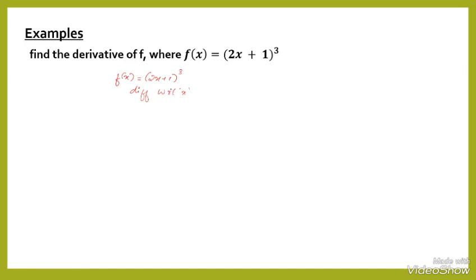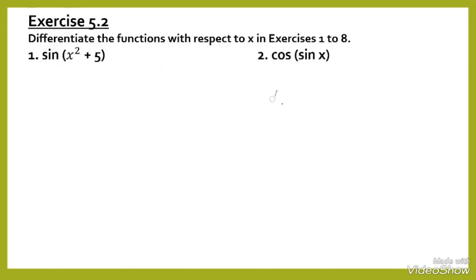That's why I'm taking it of the form: take 2x plus 1 as x. That is, f of x is equal to x to the power 3. Now differentiate with respect to x, because we know the formula for x to the power n.